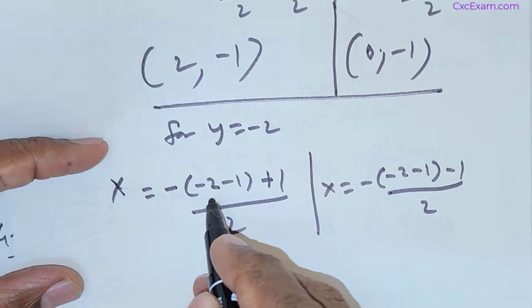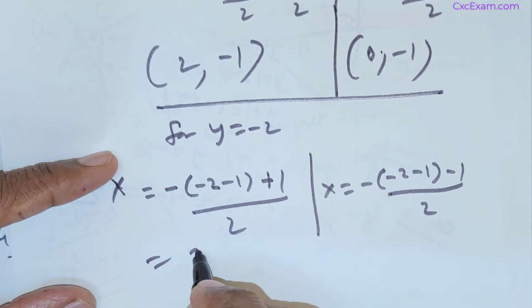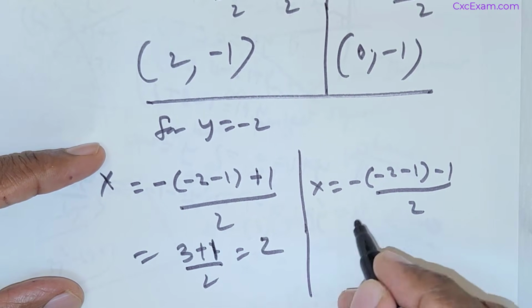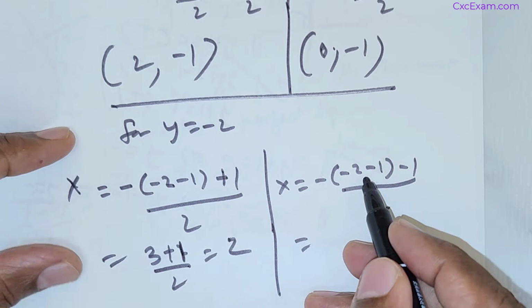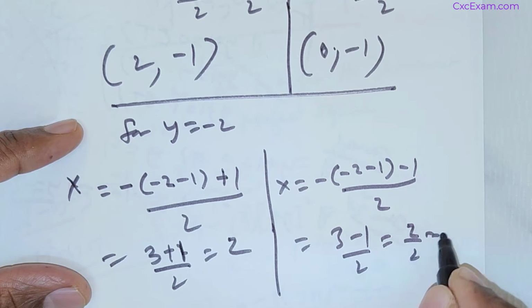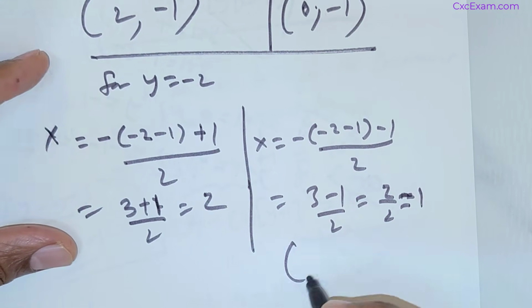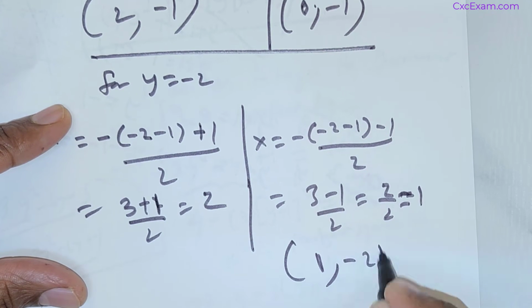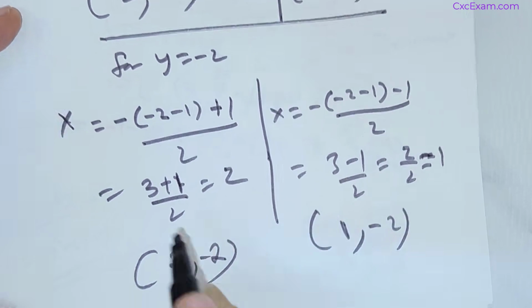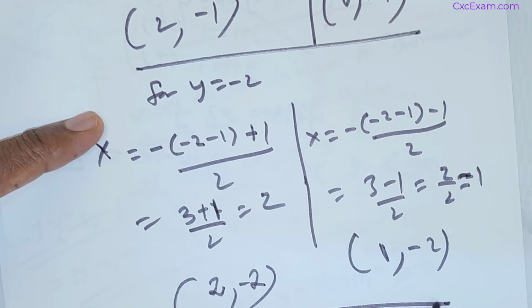So this is going to be negative 3, positive 3, positive 1 divided by 2, which is equal to 2, and negative 3, positive 3, negative 1 divided by 2, which is 2 over 2 is equal to 1. So x is equal to 1, y is equal to 2, x is equal to 2, y is equal to negative 2. So that's the second system. So this is already done.